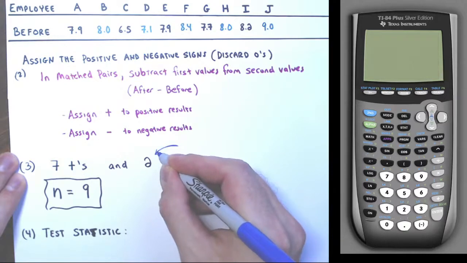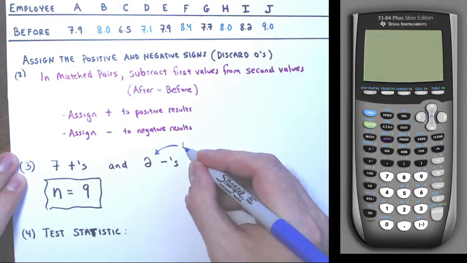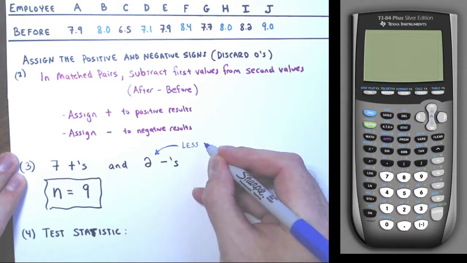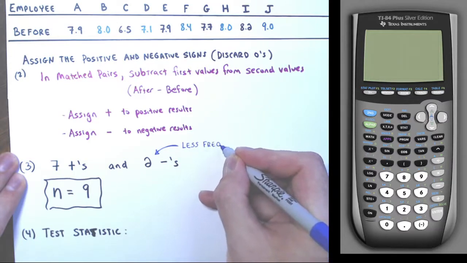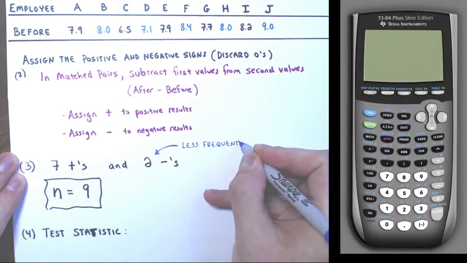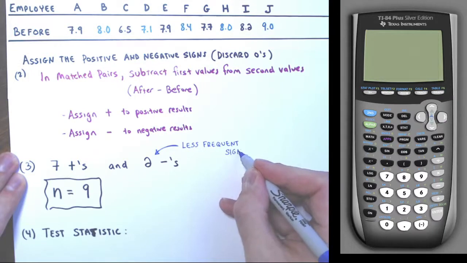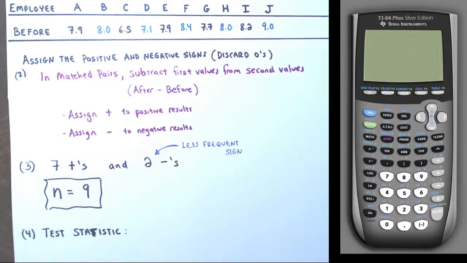So this is the less frequent sign, right? The minus signs. So the value of this x will just be 2, the number of the less frequent signs.